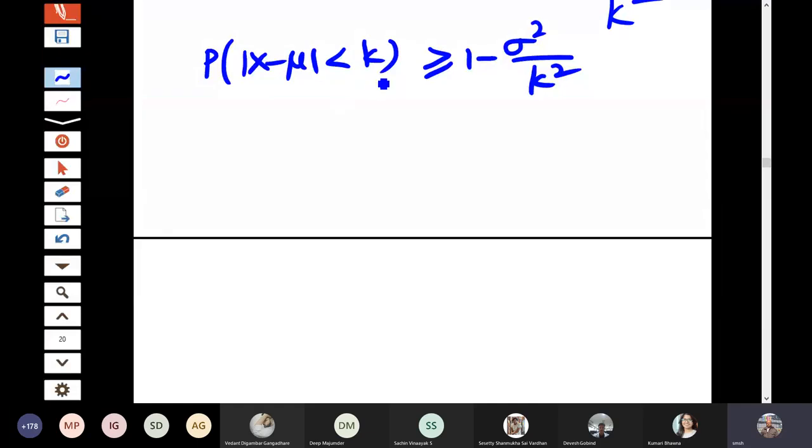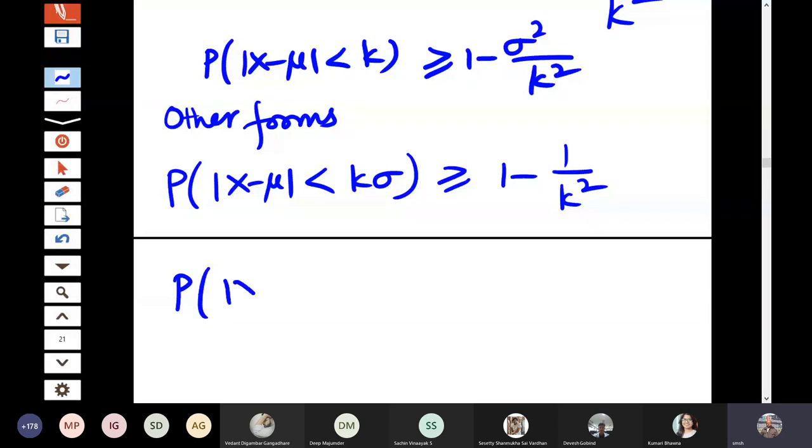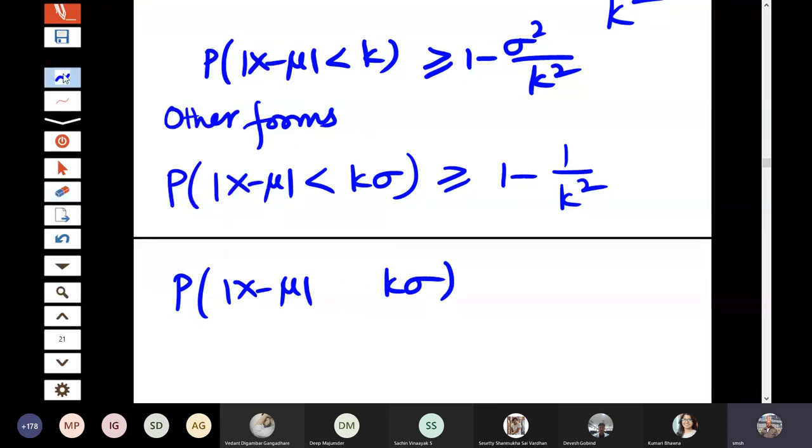In place of k, if I put k sigma, then this can be written like probability mod x minus mu less than k sigma is greater than or equal to 1 minus 1 by k square, or probability mod x minus mu greater than or equal to k sigma is less than or equal to 1 by k square.